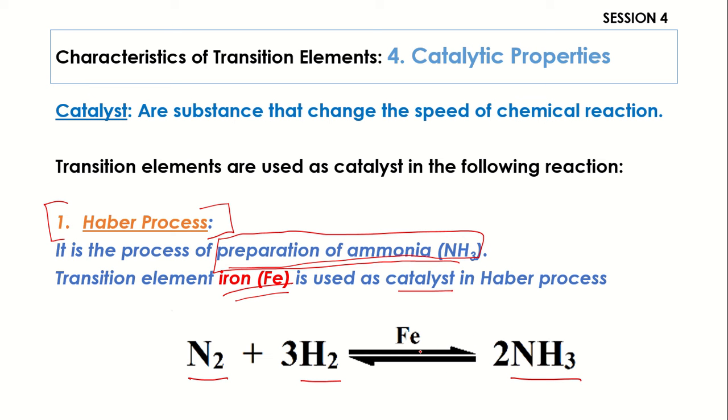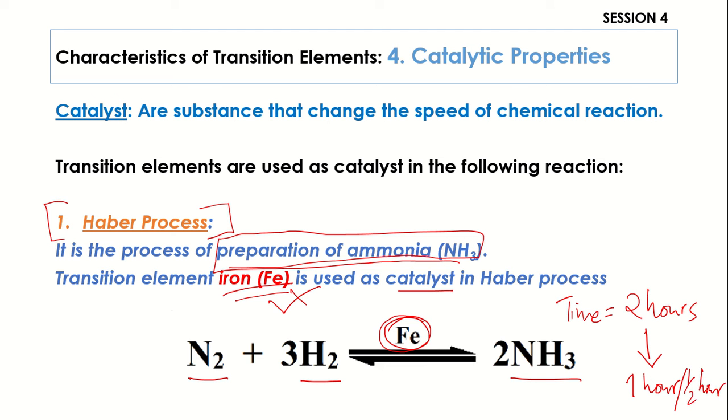Imagine if catalyst iron is not used. During that time, the time taken might be around 2 hours. Now if we add catalyst to this chemical reaction, the time may get reduced to maybe around 1 hour, or maybe half hour.